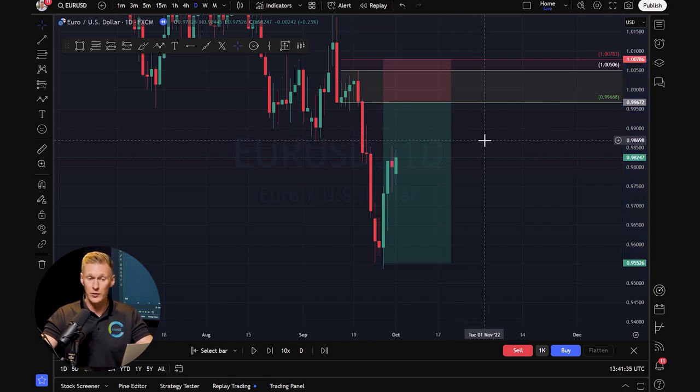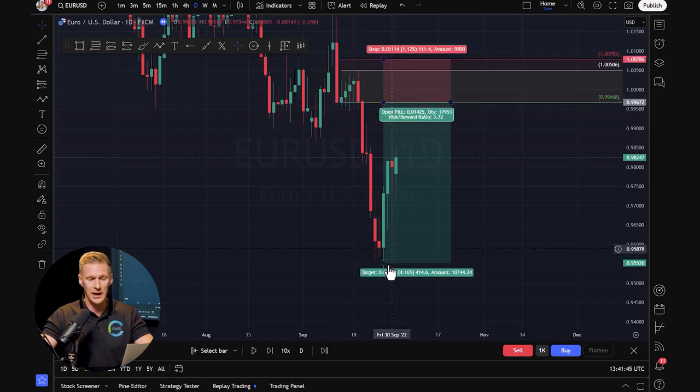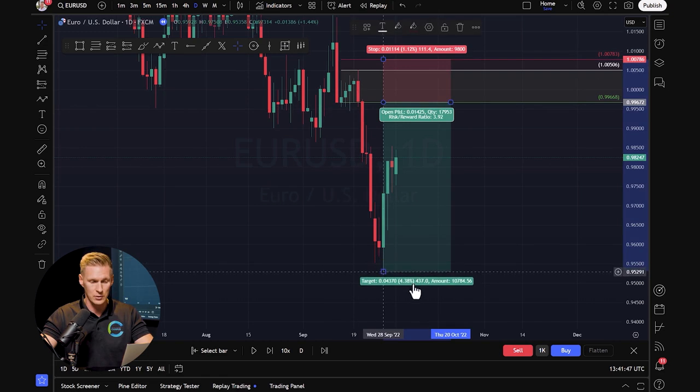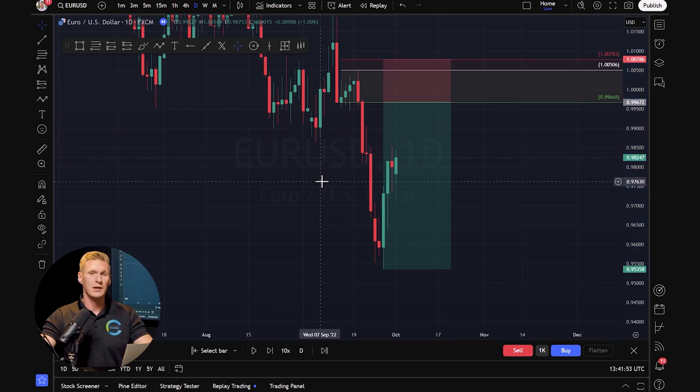Here we can talk about different entry opportunities. This one is a set and forget entry, right? You will set your entry here, stop loss here, and the target below. Let me enable the magnet. Okay. But we have also other entry opportunities to increase your profit margin.